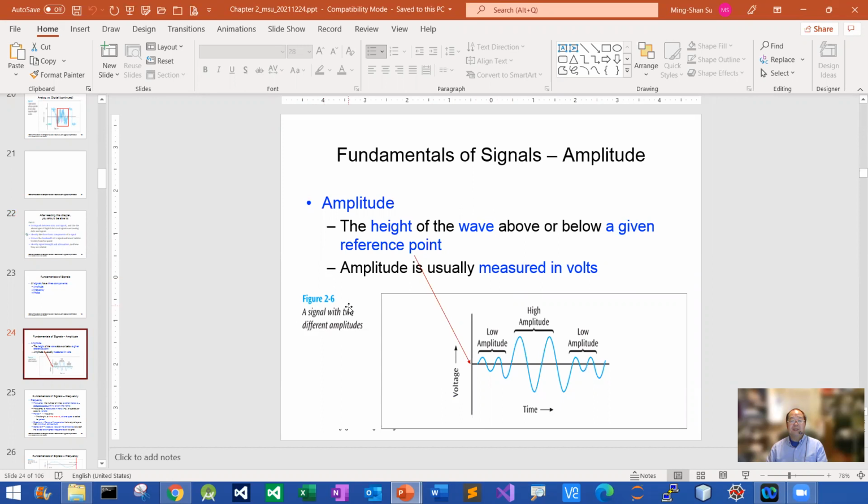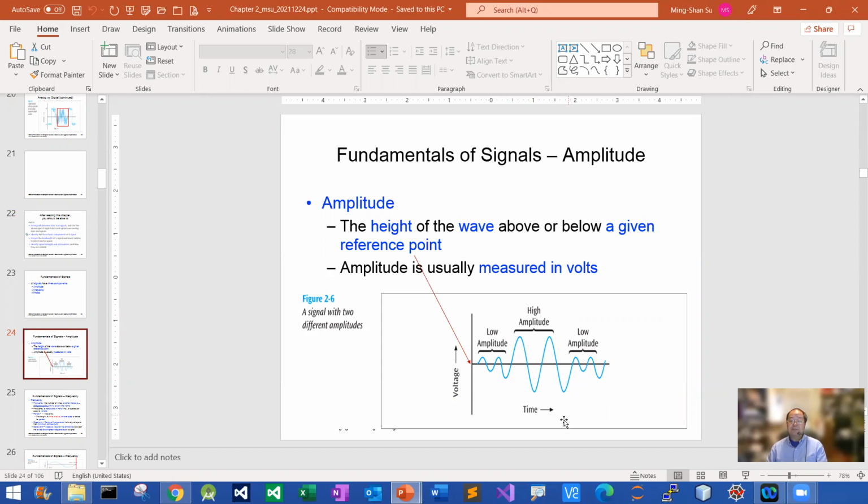Figure 2.6 shows a signal with two different amplitudes. If we use this horizontal line as a reference point, you can see that in this section the signal has a low amplitude, but for this waveform here, within this interval, it has a high amplitude.